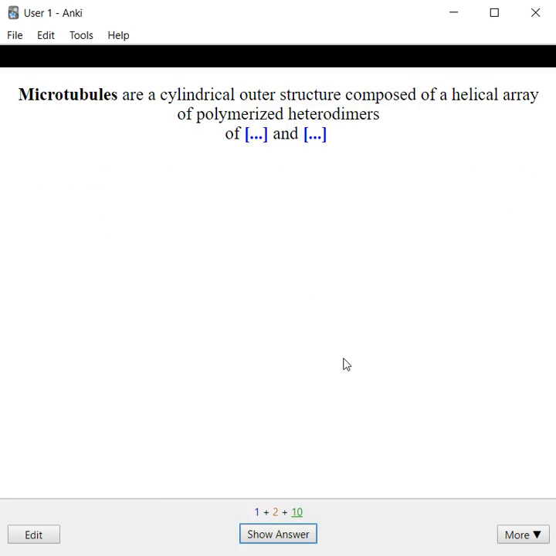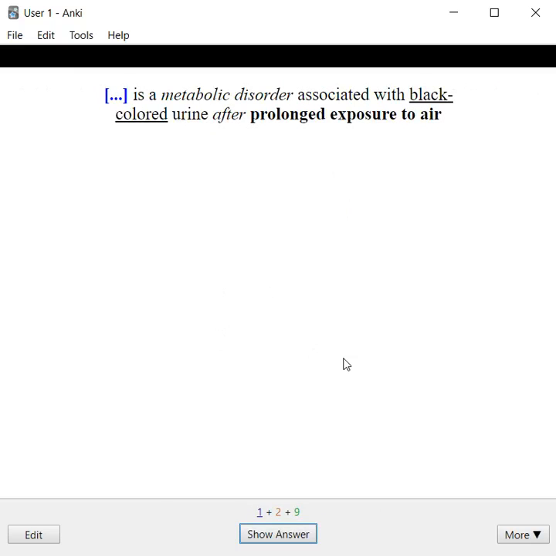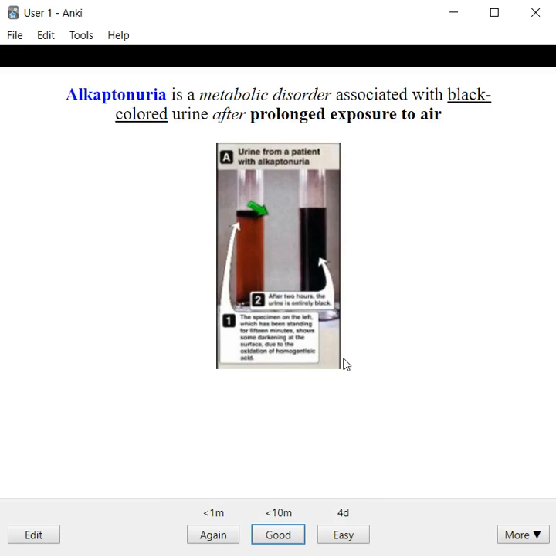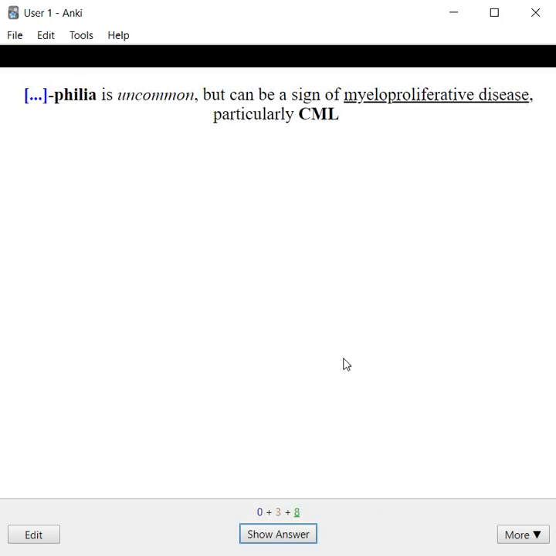Microtubules are cylindrical outer structures composed of a helical array of polymerized heterodimers of alpha and beta tubulin. Blank is a metabolic disorder associated with black-colored urine after prolonged exposure to air. We're talking about alkaptonuria. Poikilocytosis refers to cells of varying shapes.